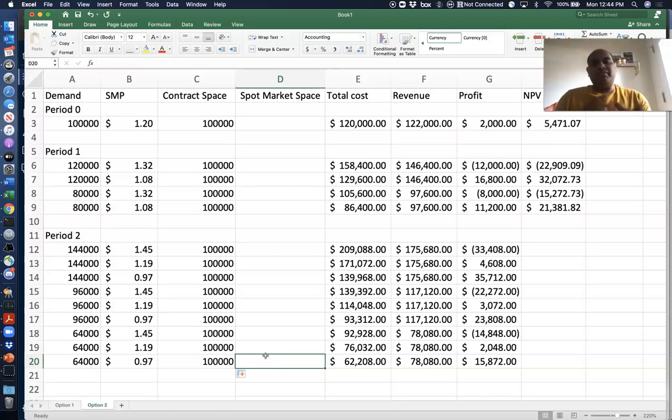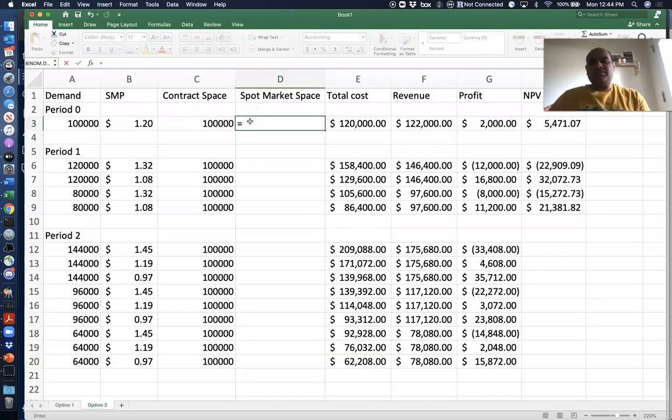The spot market space will be different. How much space are we renting on the spot market? We only rent space on the spot market if our demand is more than 100,000. If demand is more than 100,000, you need more space on the spot market. So we calculate spot market space as the difference between demand and contract space. So what's the problem with just calculating it this way?